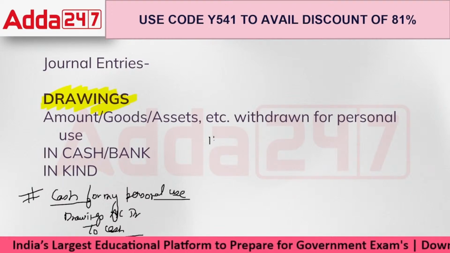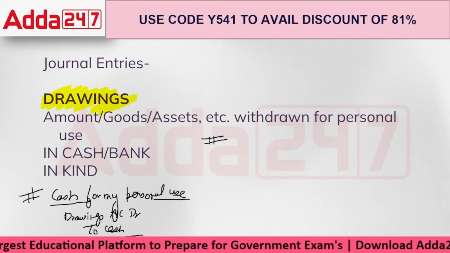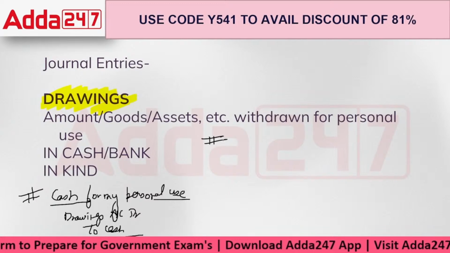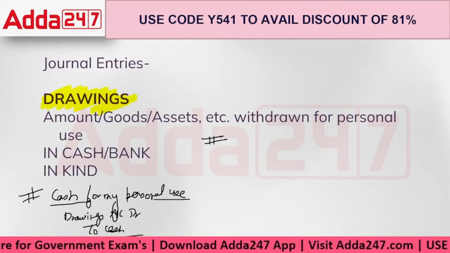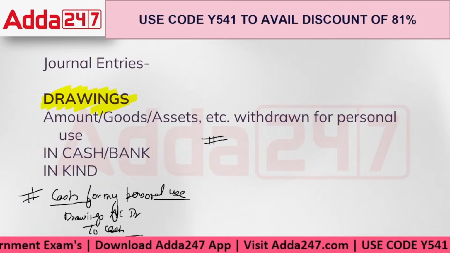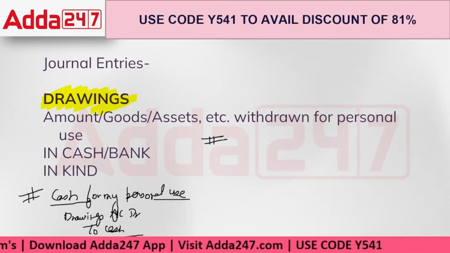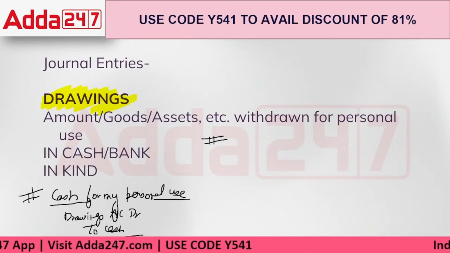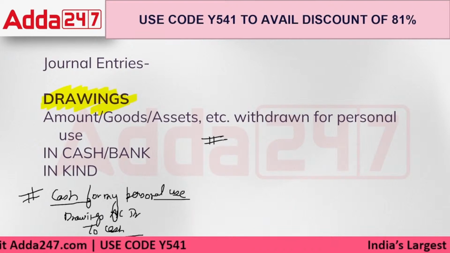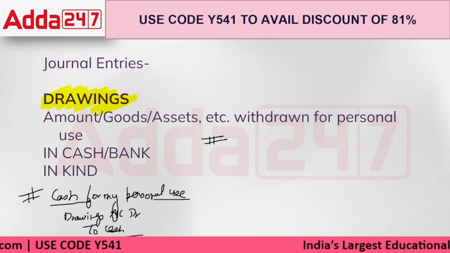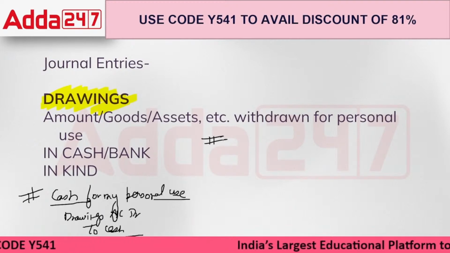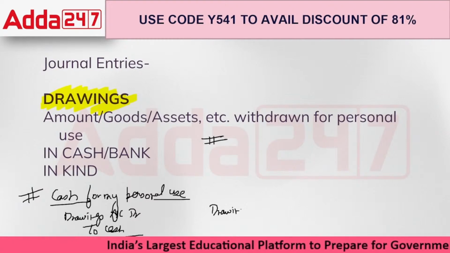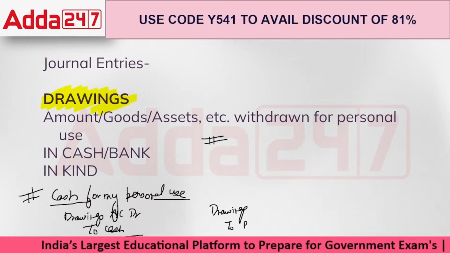What if I lose goods? Now I purchased these goods for my business, but unfortunately these goods are not used for my business, right? If it is not used for my business, then what will I do? So the journal entry would be drawings to purchases.